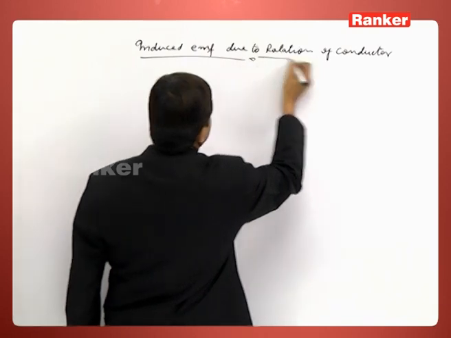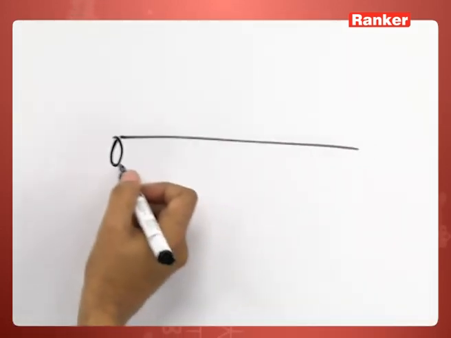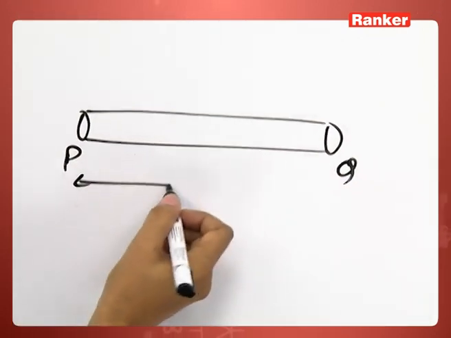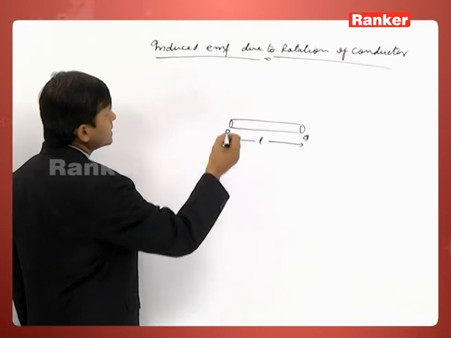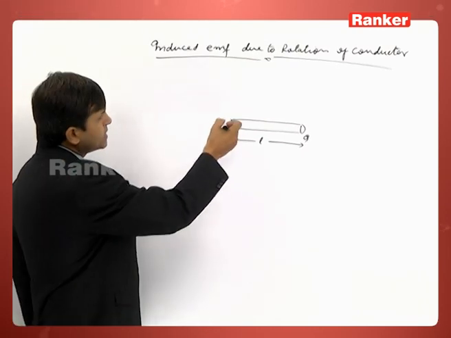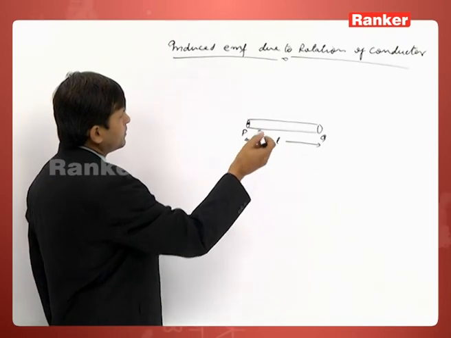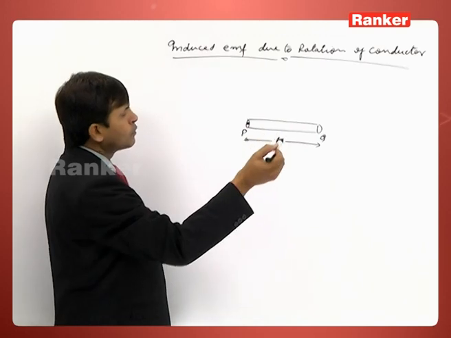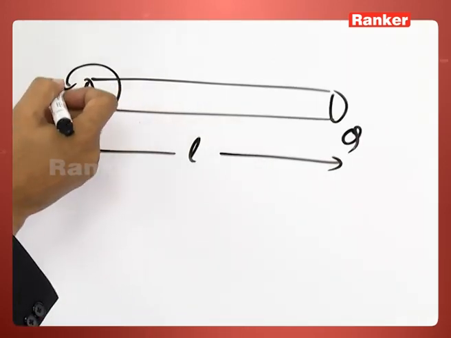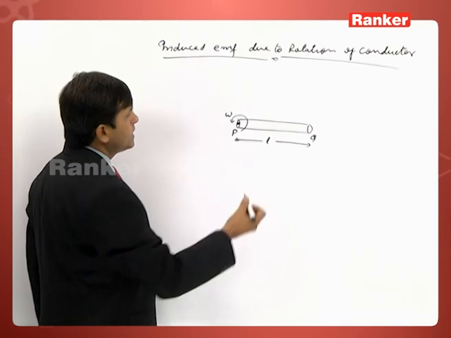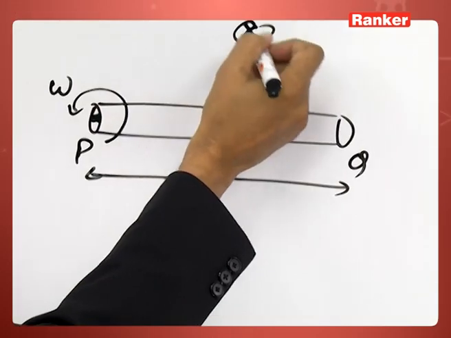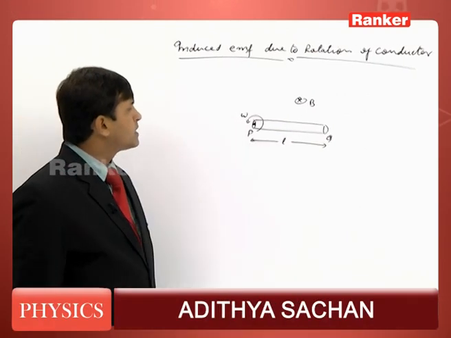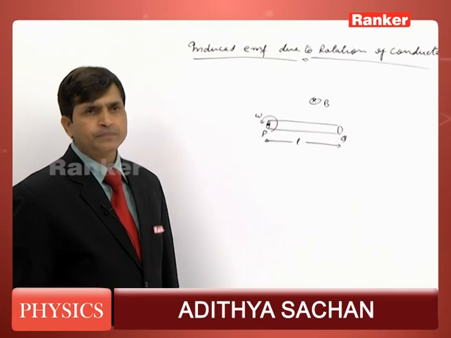See, let PQ be a conductor of length L, and it is moving about an axis perpendicular to the plane of the loop, perpendicular to the plane of the board, with angular velocity omega in a uniform magnetic field B. So now we want to find how much induced EMF is developed.